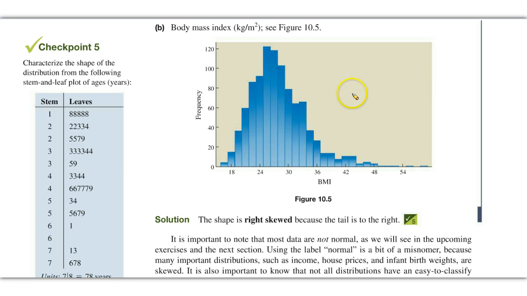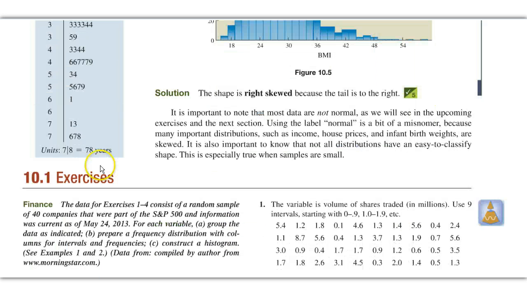And then in part B, as you see it, it's skewed to the right. Okay, now it's almost normal shape, but again, because of this extended portion here, they say it's skewed to the right. Then you'll have some exercises in your booklet and in your study plan. And good luck.